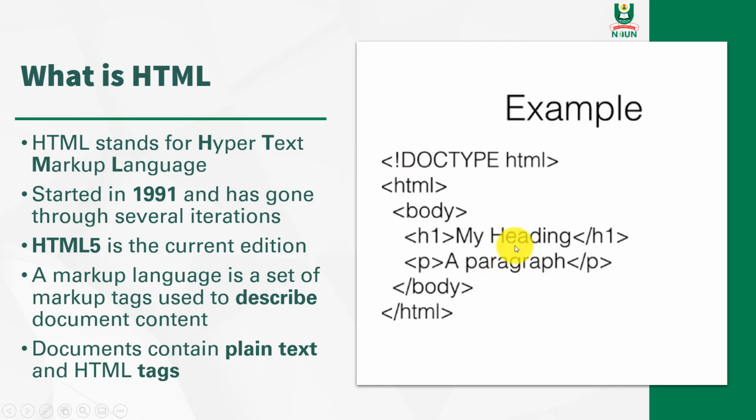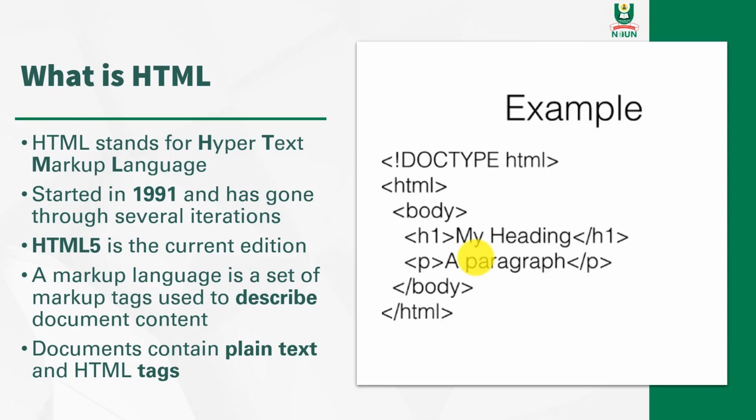So it helps the web browser to interpret what you are trying to say, whether you want the text to be big or to be small or to have one format or another. That is what HTML tags are used for. They are used to describe the document so that it can be properly rendered by the web browser.